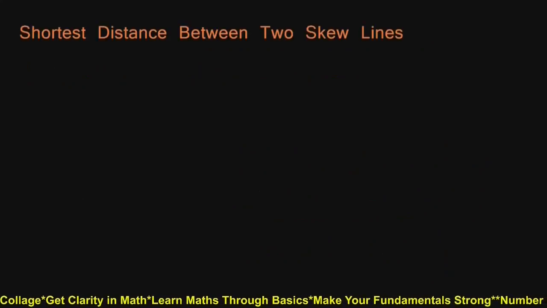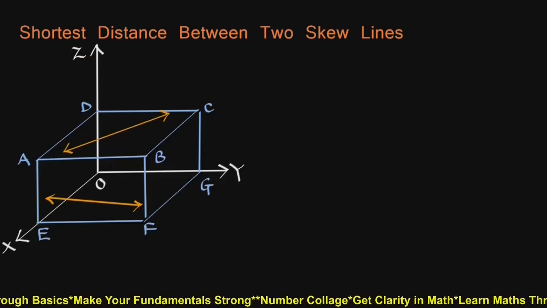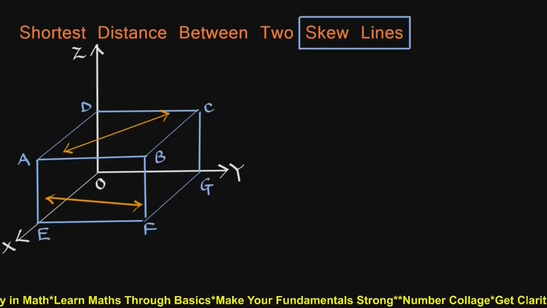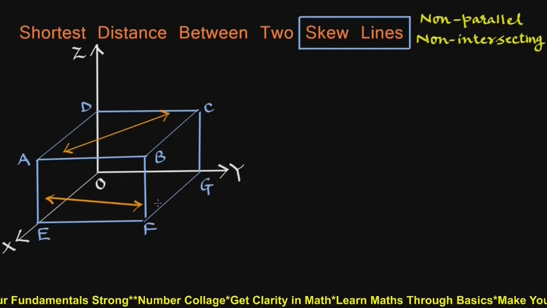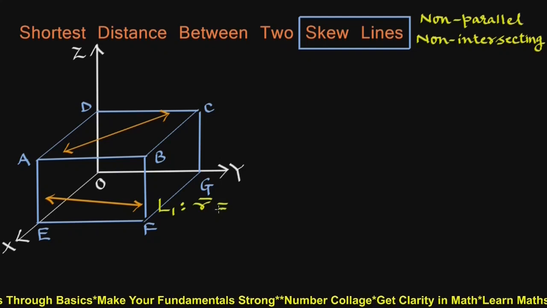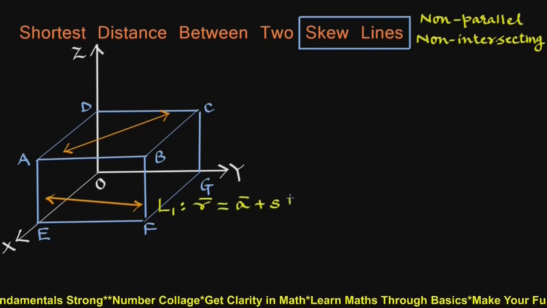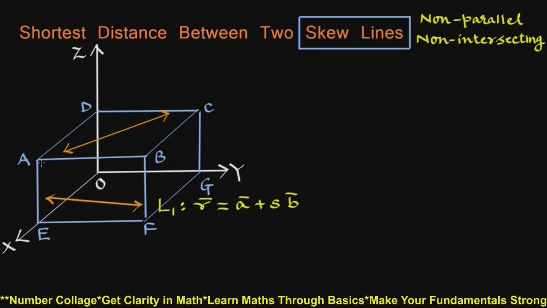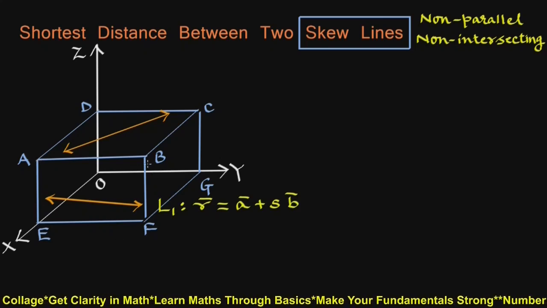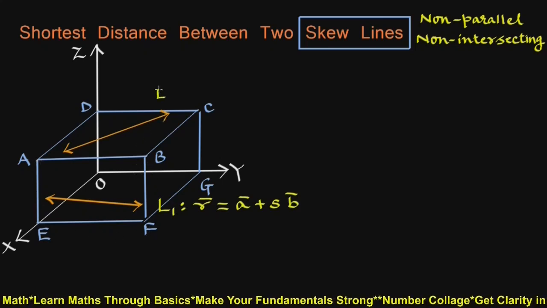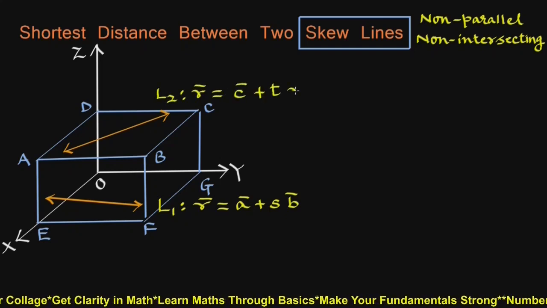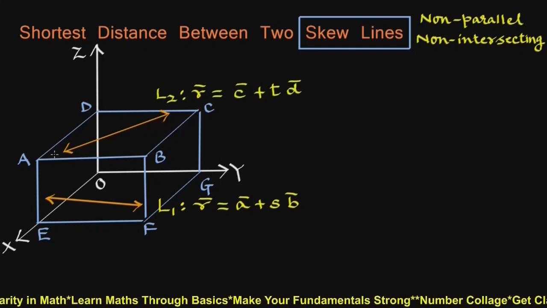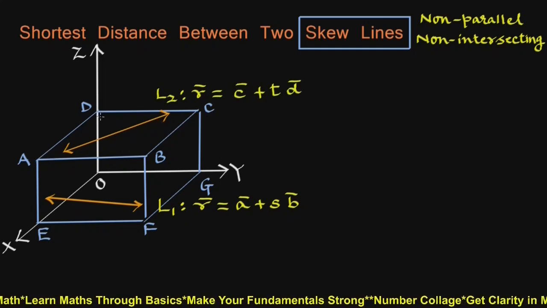We will see how to find the shortest distance between two skew lines from this figure. Skew lines are two non-parallel, non-intersecting lines, such as this line L1, R bar equals A bar plus S B bar, belonging to the side plane AEFB of this cuboid, and line L2, R bar equals C bar plus T D bar, belonging to the top plane ABCD of this cuboid.